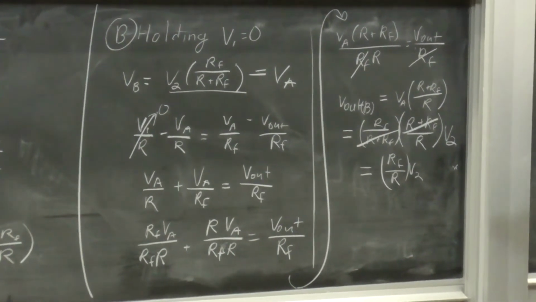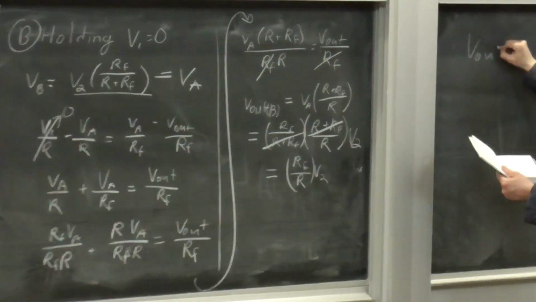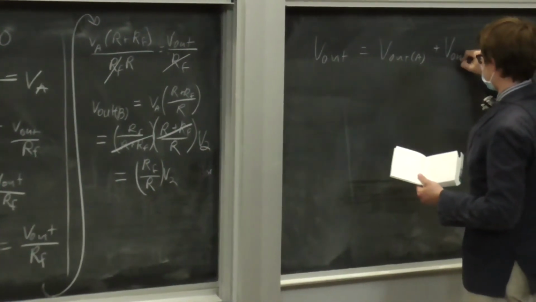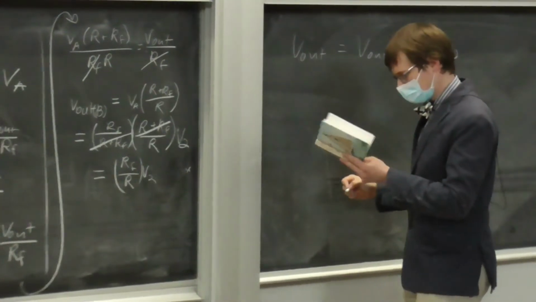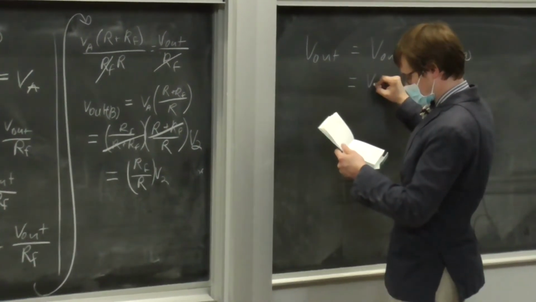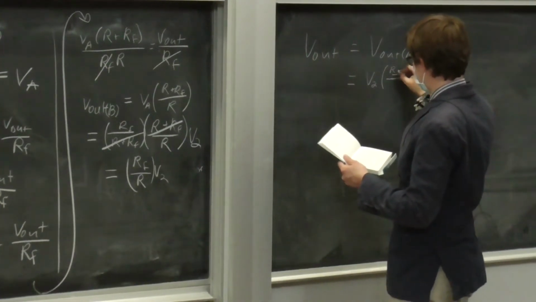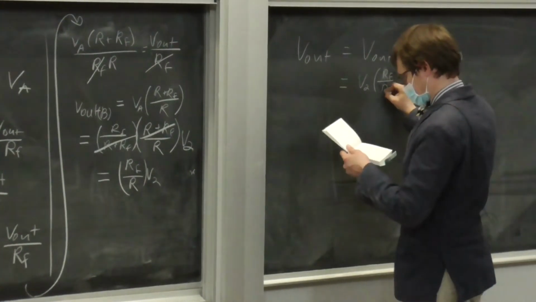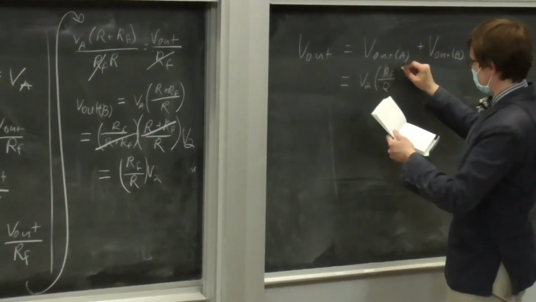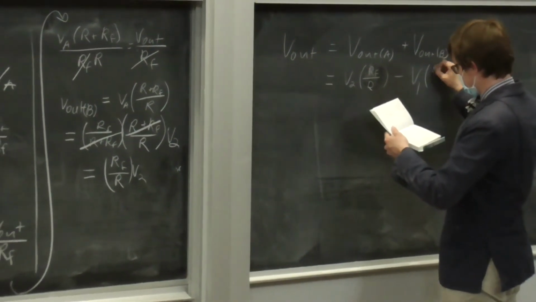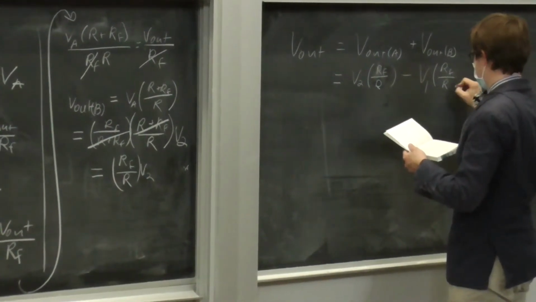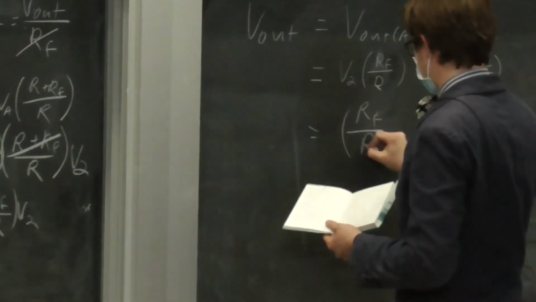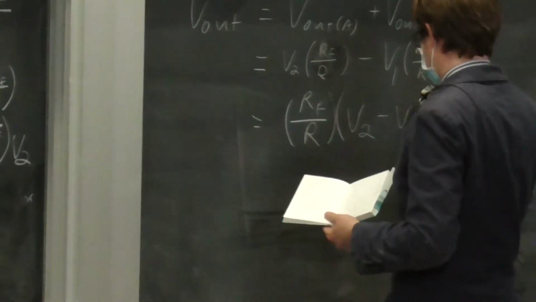Via the superposition principle, V out is equal to V out A plus V out B, there we go, which is equal to V2 RF over R minus V1 times RF over R, which of course, if you collect it, is RF over R times V2 minus V1.